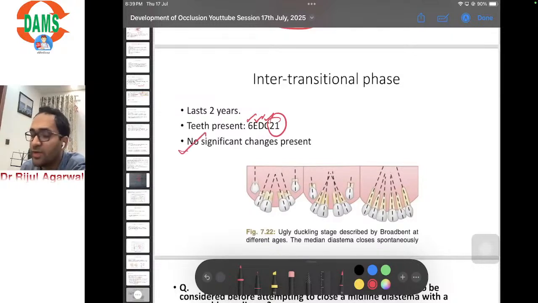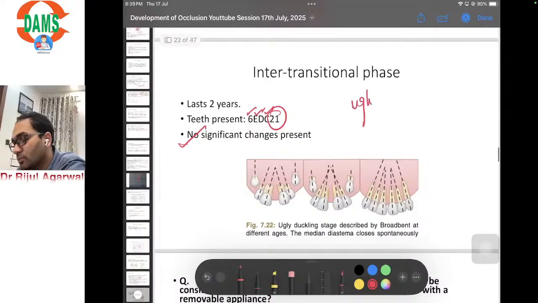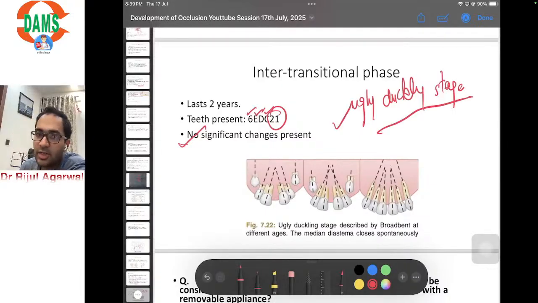There are no significant changes or exchange of teeth occurring except the presence of the ugly duckling stage. So the question comes: the ugly duckling stage is seen at what stage? It is in the intertransitional phase.